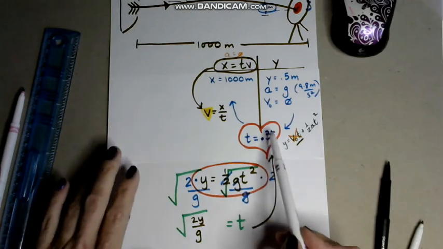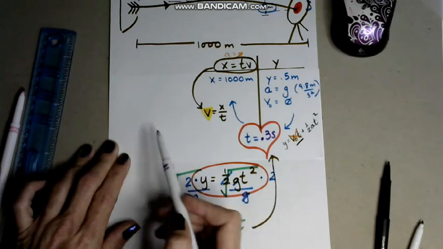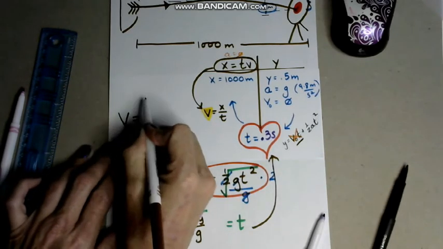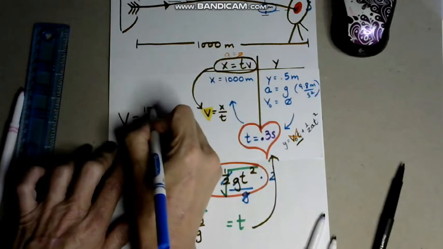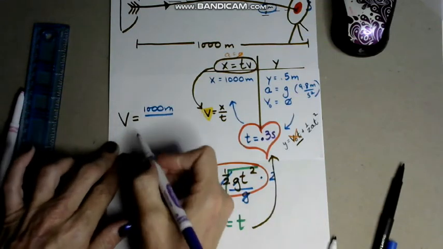Okay, did you get 0.3 seconds? Because I did. Come back here. My velocity is going to equal some distance, which we said right there, it's 1,000, divided by my 0.3 seconds right there.